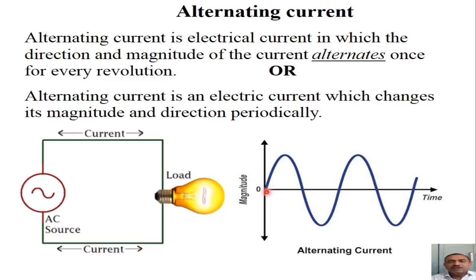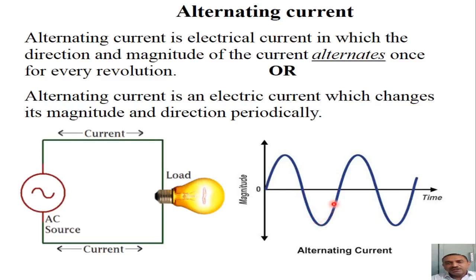The alternating current is here plotted on x and y axes. Again the x-axis is the time scale and the y-axis is the magnitude of voltage or current. Now we can see in this diagram how the current is increasing from its origin 0, then reaching the maximum value, then falling back. Finally it reaches 0 value, then it changes direction in the negative way and its value increases in the negative direction, reaching the maximum peak value.